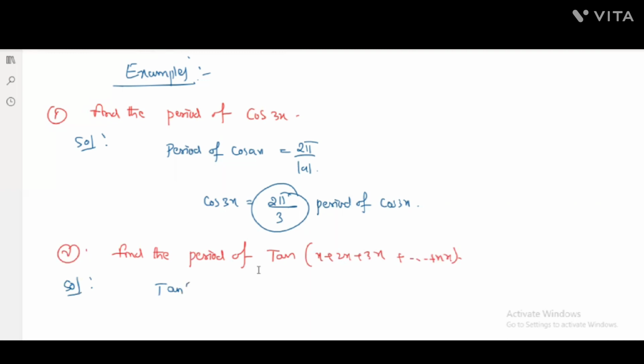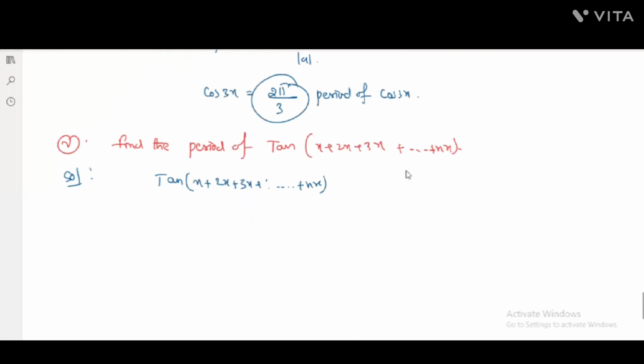What is given is tan of x plus 2x plus 3x plus so on plus nx. From this, we can take x as common. So we'll get tan of x into 1 plus 2 plus 3 plus so on plus n. This is the sum of first n natural numbers, and the formula for this is n into n plus 1 by 2, into x. So this is the simplified form of the tan expression that was given.